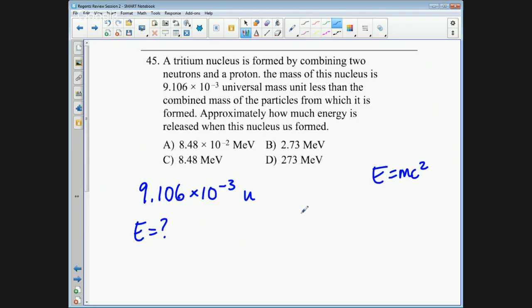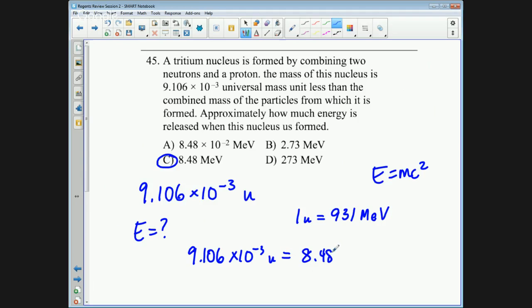On page 1, you'll see that 1 universal mass unit equals 931 mega electron volts. And if we set up a simple conversion, we'll get that 9.106 times 10 to the negative 3 universal mass units equals 8.48 mega electron volts. Okay?